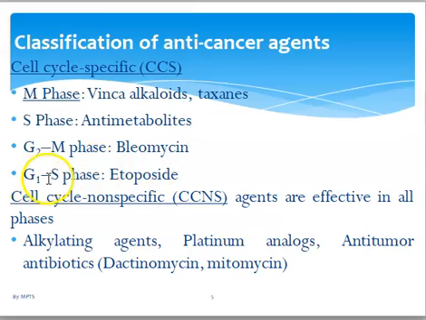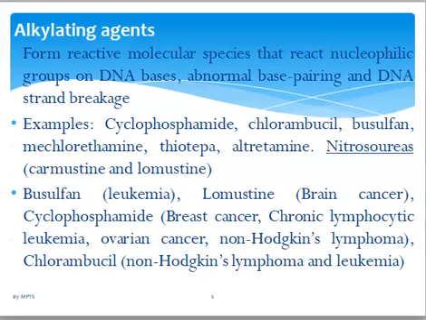The G1 and S phase, etoposide. I'm going to explain all these later on. Now, the cell cycle non-specific ones are effective in almost all phases. Mostly the alkylating agents, the platinum analogs, and anti-tumor antibiotics. These could be effective in all the phases of the cancer cell cycle.